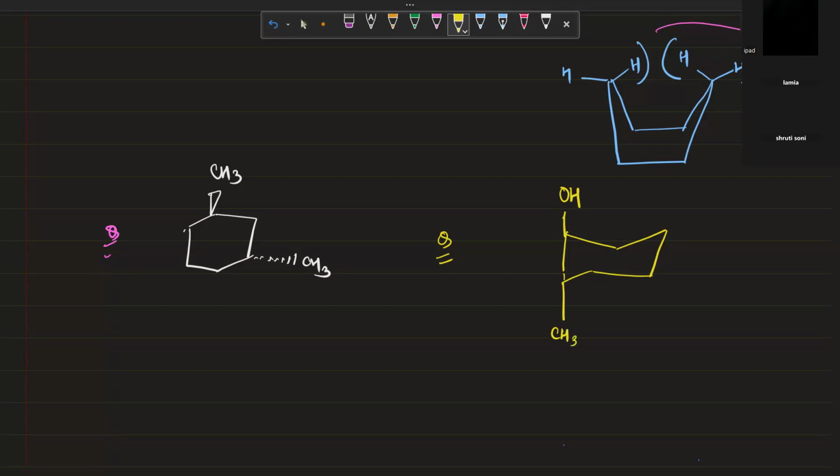How do you identify R and S for this one? I think there are four different groups on this carbon, right? You have OH.